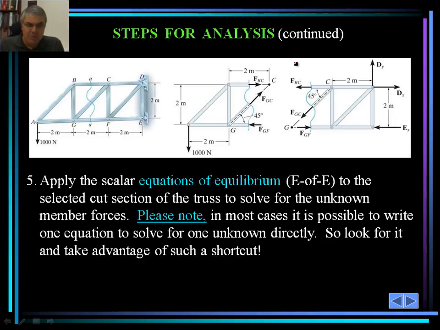So we want to make sure that we look for that and take advantage of such a shortcut rather than making life difficult for ourselves and looking for the longer method. So we look for any possible shortcut that we may actually find for the solution.